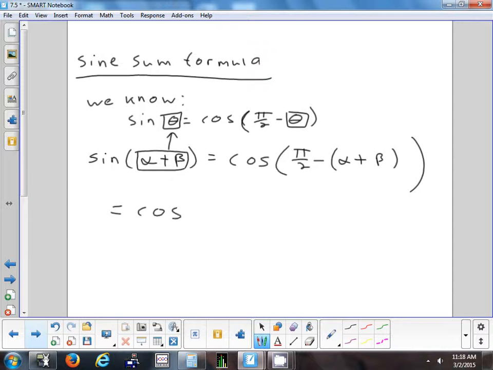So it's cosine of, let's write it like this. Pi over 2 minus alpha. Think of that as a group. And then we also have to distribute it out to beta.